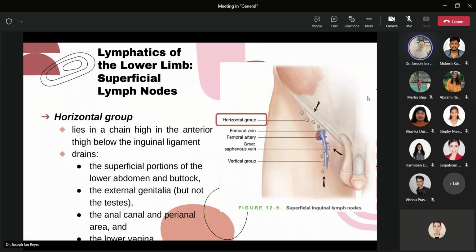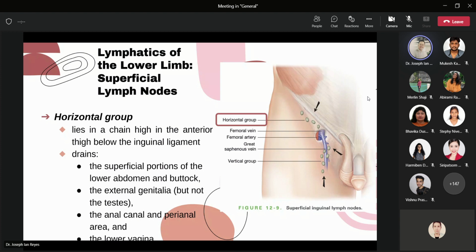It lies in a chain high in the anterior thigh but below the inguinal ligament. It drains the following: superficial portions of the lower abdomen and buttocks, the external genitalia but not the testis, the anal canal, the perianal area, and the lower vagina. Remember the areas that they are draining.